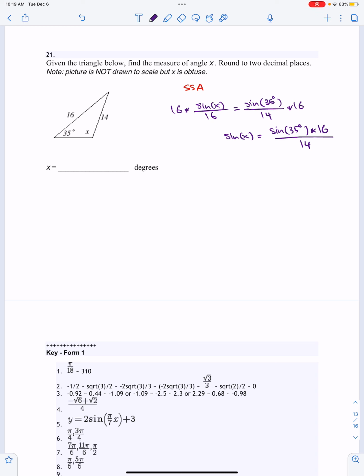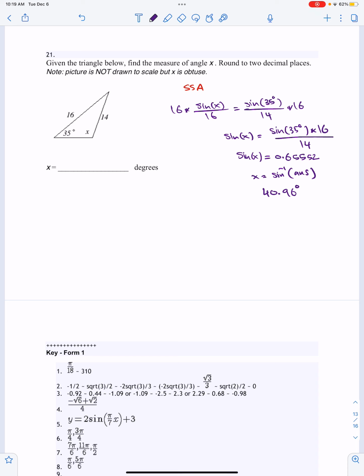And that is going to give me sine x is equal to 0.5552. X is equal to the inverse sine of the answer. I don't want to round, and that's why I'm doing that.